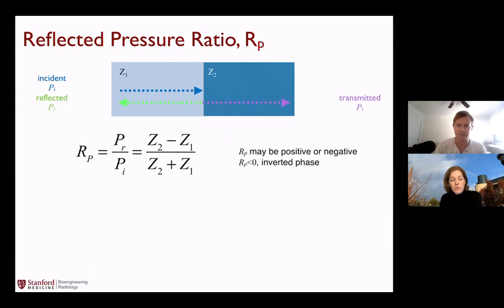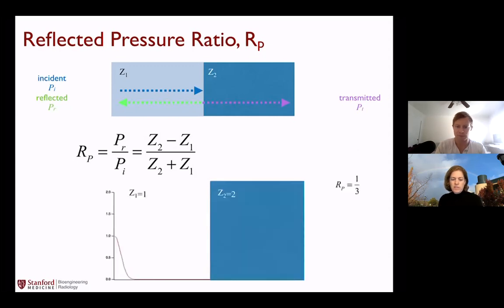The absolute value is going to be very big, but that number could be either positive or negative, depending on whether Z2 is bigger or smaller than Z1. So it could be positive or it could be negative. And if it's negative, then that means that the reflected pressure wave is inverted.